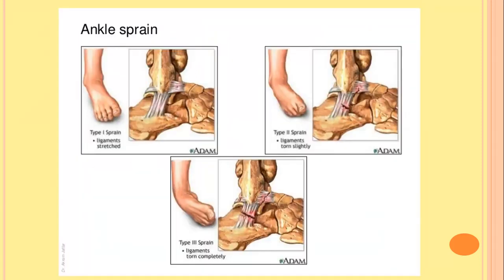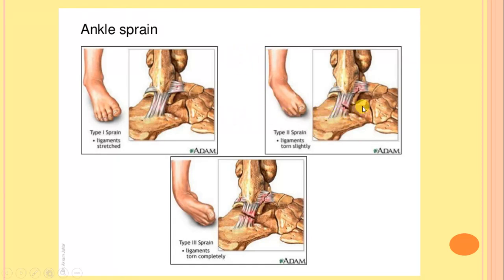Now we are going to see some common injuries. Here is shown the very common ankle sprain. And here we can see the lateral ligaments, the fibulocalcaneal ligament, the lateral ligament of the ankle joint.